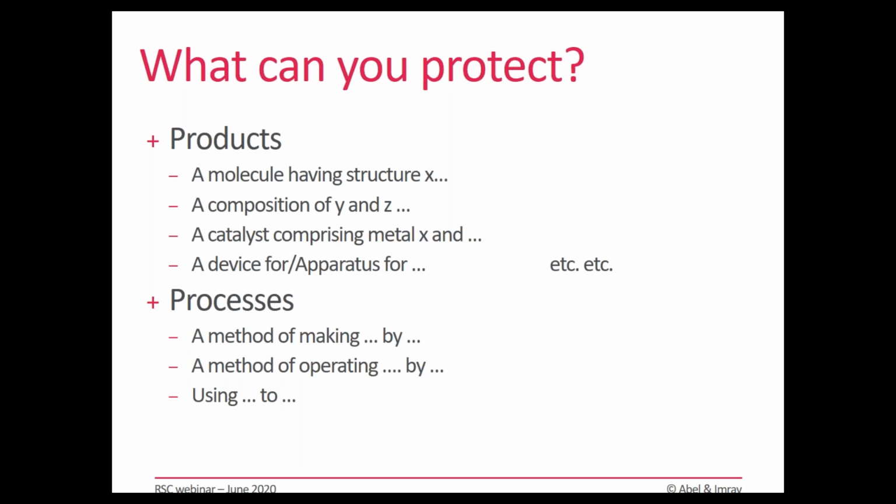You can also protect processes. So these are any kinds of methods. So it might be a method of making or operating something, or perhaps it could be a use of a product in a particular process. So really you can get a very broad range of protection, and you can cover a wide variety of inventions.